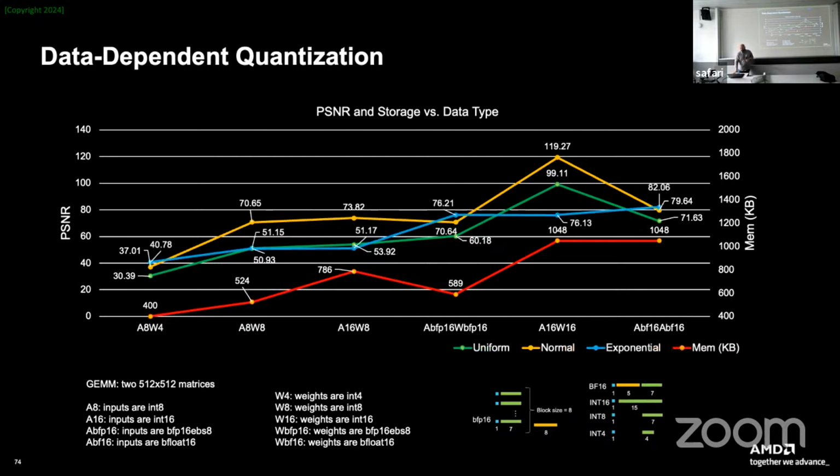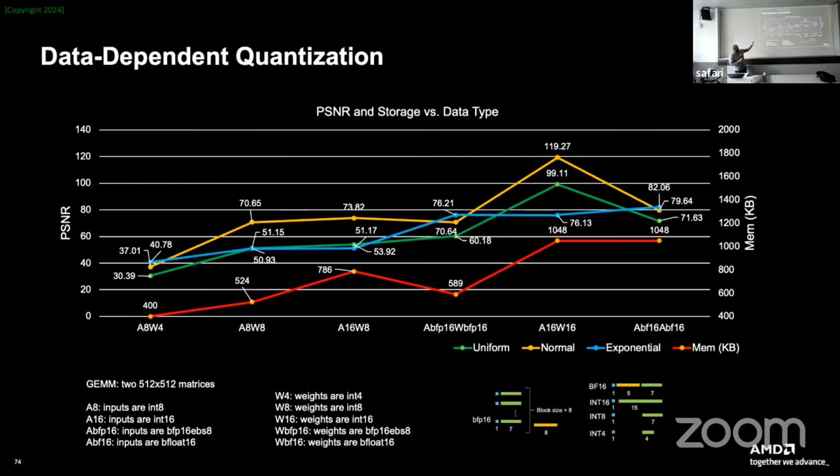But if I go to an exponential distribution, which has a larger dynamic range, you can definitely see my signal to noise ratio for BFP16 has a tiny bump, but for int16 has a big drop. In this particular example, BFP16 is outperforming int16 for the PSNR metric.